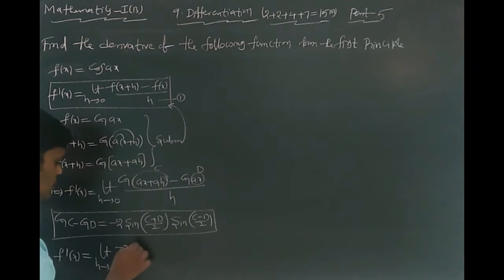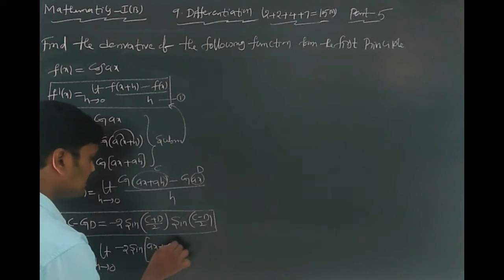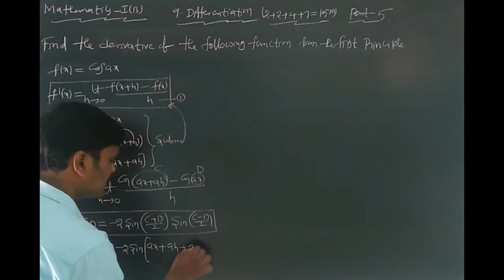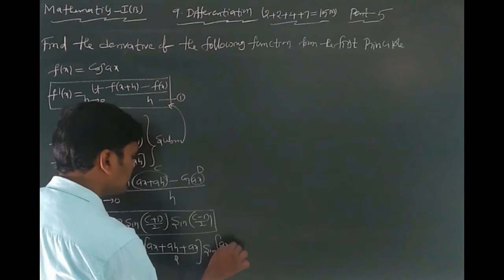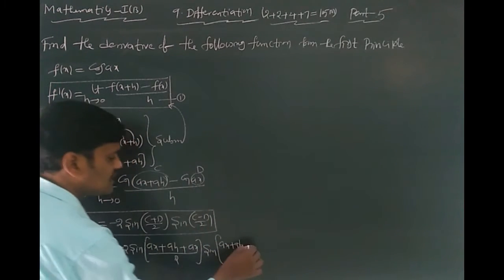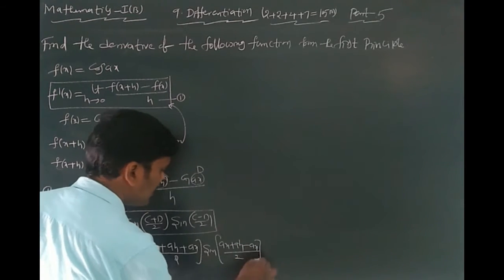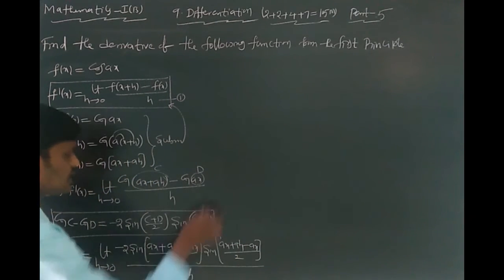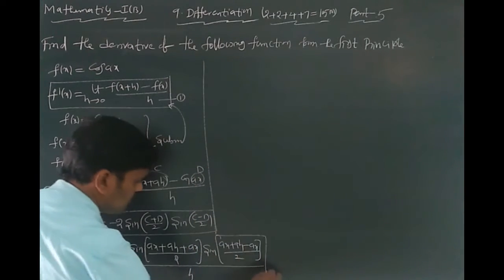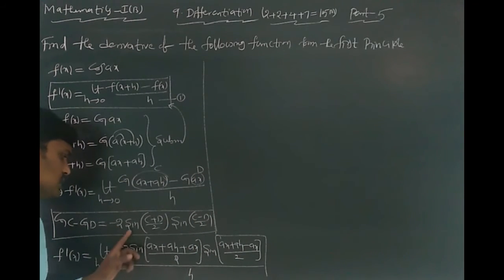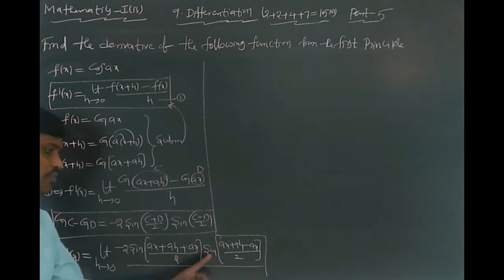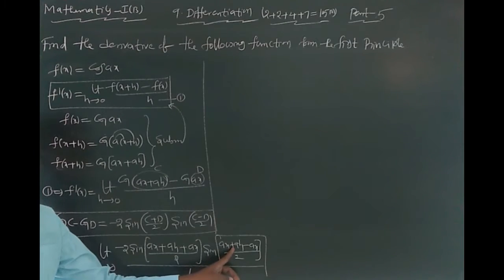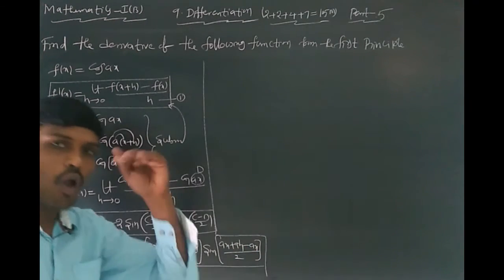That is minus 2 sine of c plus d, nothing but ax plus ah plus ax, whole by 2, into sine of c minus d, nothing but ax plus ah minus ax, by 2, whole by h. Understood or not, students? Once again explained: minus 2 sine of (ax plus ah plus ax) by 2 into sine of (ax plus ah minus ax) by 2, whole by h.